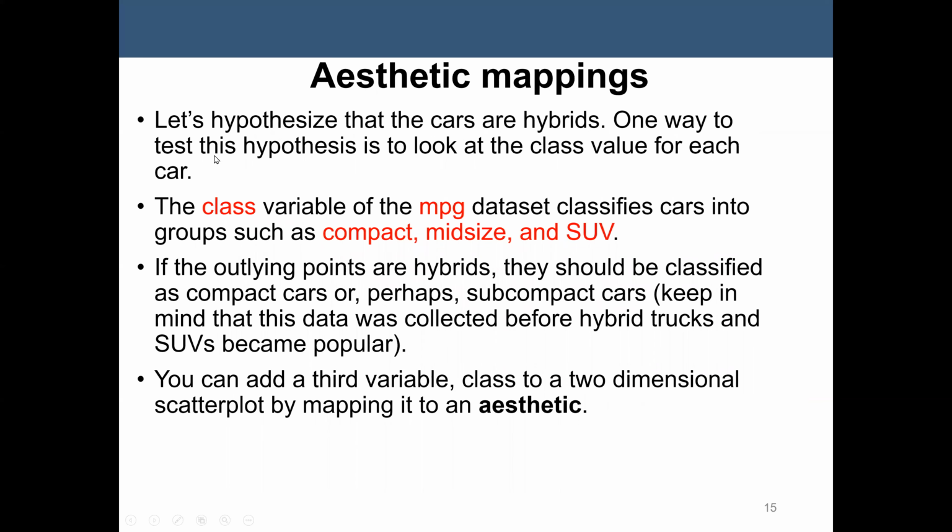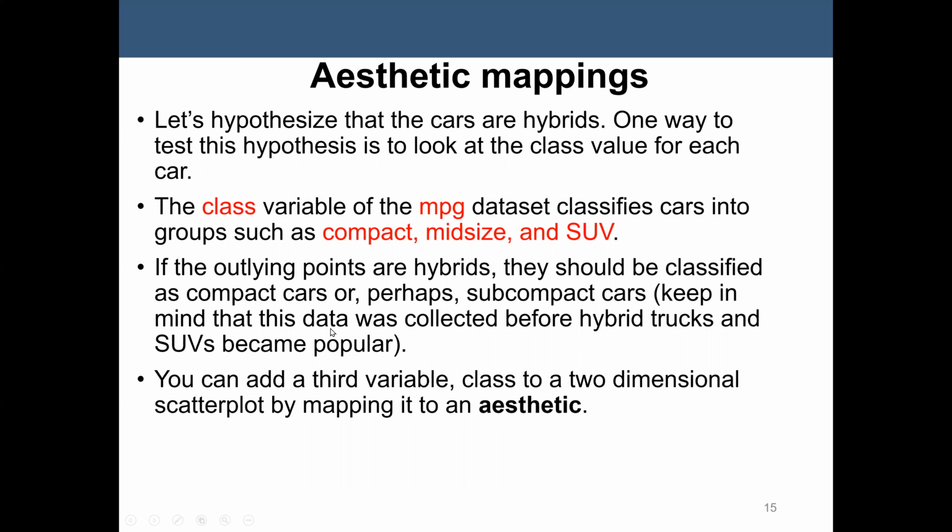So that's what we say here. Let's hypothesize that the cars are hybrids. So that will be a different car compared to the rest. One way to test this hypothesis is to look at the class value for each car. Now the class variable of the mpg dataset classifies cars into groups such as compact, mid-size, and SUV.